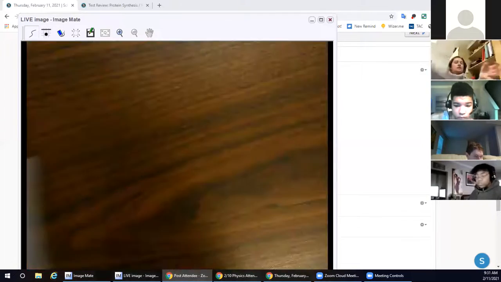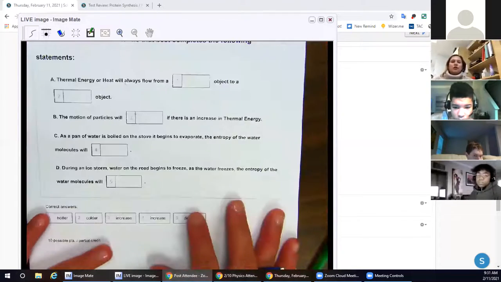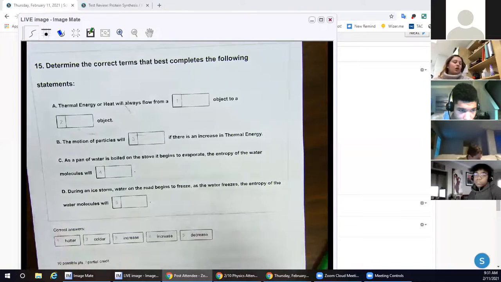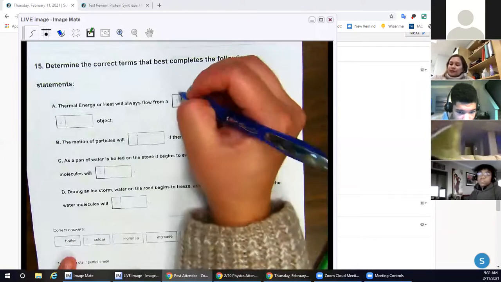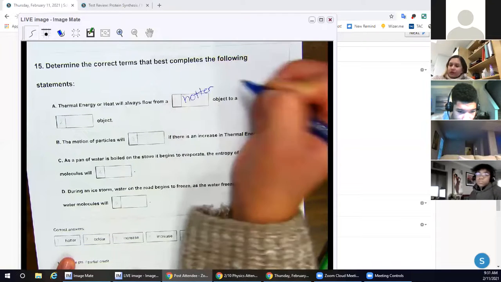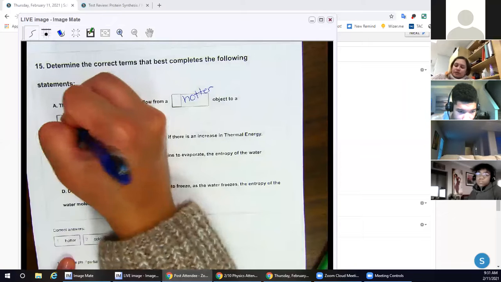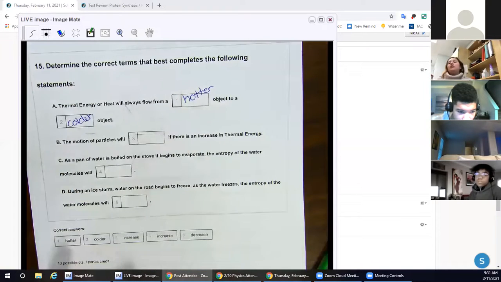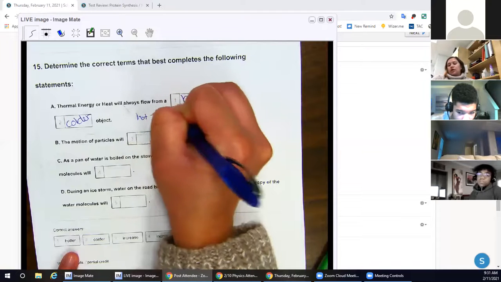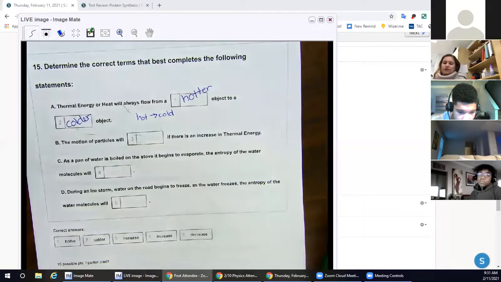All right, last problem. This talks about thermal energy. Thermal energy, or heat, will always flow from hotter objects to colder objects. It always goes from hot to cold. Always, always, always. Those are just the rules of thermodynamics.